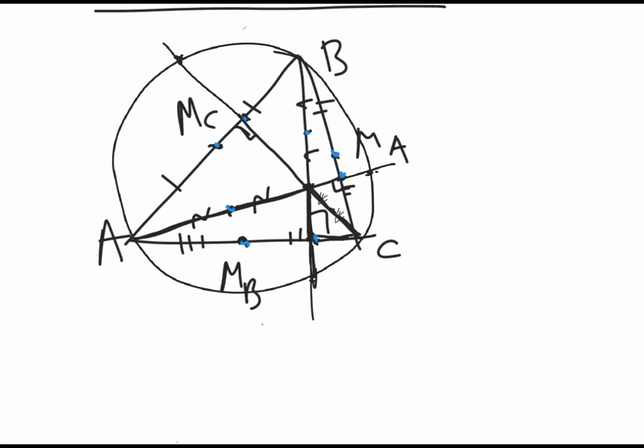I'm not sure how to denote this, because we already used a lot of notation for equal segments, so let's color them in the same color. This segment is equal to this segment. This segment is equal to this segment, and this segment is equal to this segment.